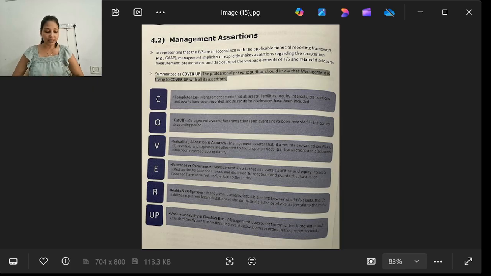Cutoff. Management asserts that the transactions and events have been recorded in the correct accounting period. So the correct accounting period has been used, especially during the year-end transactions.